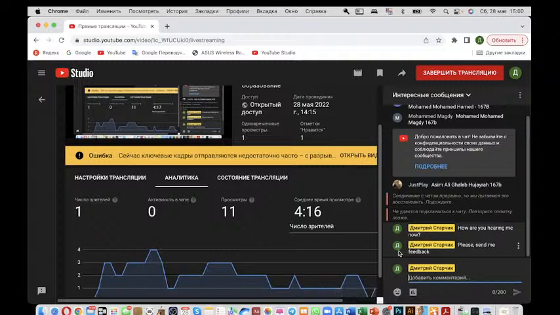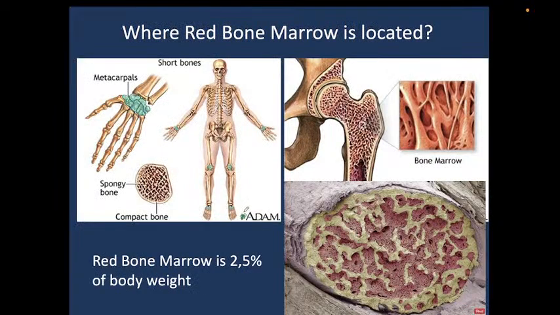Well, let's continue our lecture, and I'd like to present you the red bone marrow. It is located in bones, and usually this is the part of the bones we call epiphysis, a proximal epiphysis or distal epiphysis.